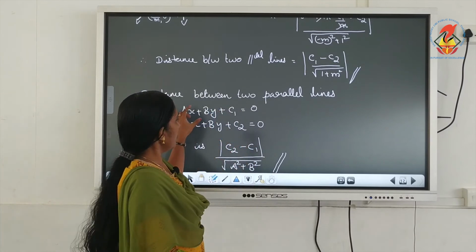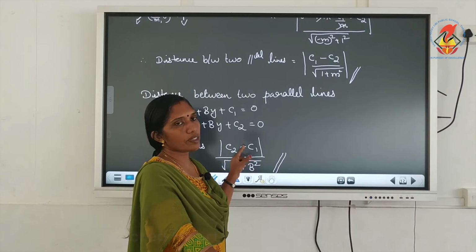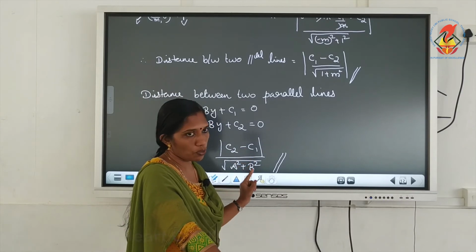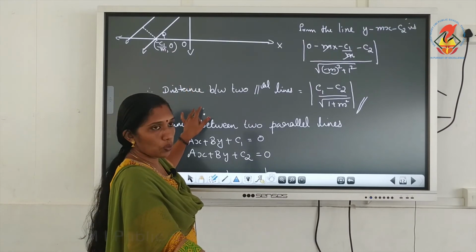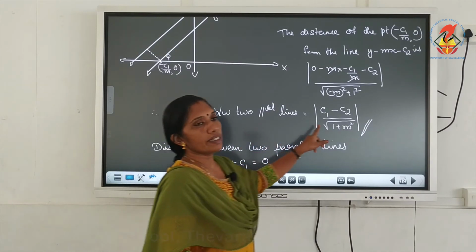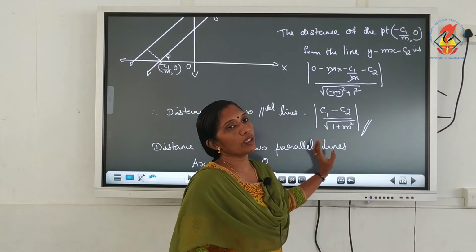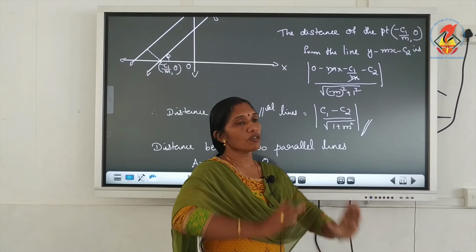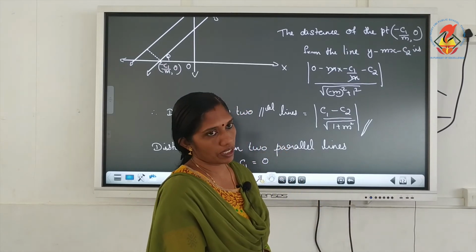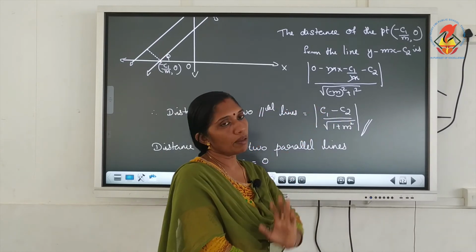One is if the parallel lines are in this format, then c1 minus c2 or c2 minus c1 by root of a square plus b square. If the parallel lines are in the form y is equal to mx plus c, then the distance between them is c2 minus c1 or c1 minus c2 by root of 1 plus m square. And distance is always positive, so you have to write the answer as a positive value. Sometimes you get a negative, but you have to take the modulus.